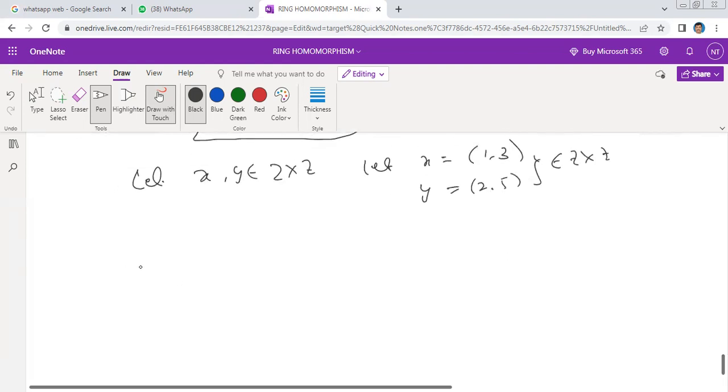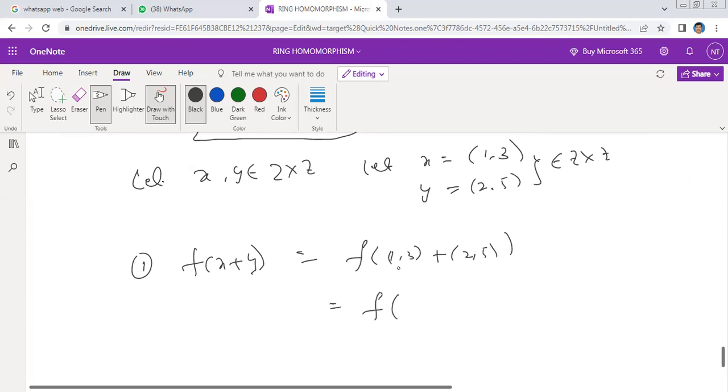First condition, tell me what f of x plus y will be. f of x plus y is equal to f of, what is our x? 1, 3, 2, 5. What is the value of this one? f of 1 plus 2, point wise addition, this is 3, this is 8.